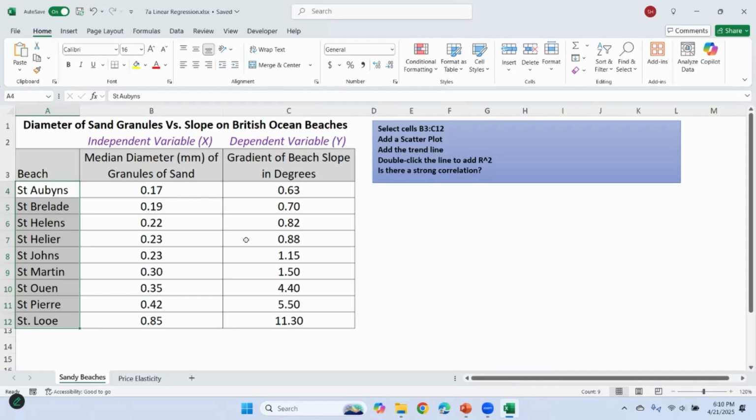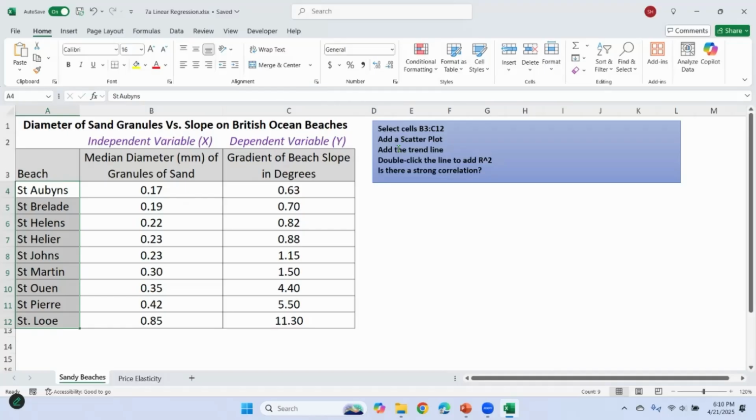So using this data, now we want to understand, is there any relationship between these two? The more the size of the sand, the more the slope, like that. That's what they want to find out. For that, we are going to use the scatter plot, and we want to add the trend line, the line of best fit.